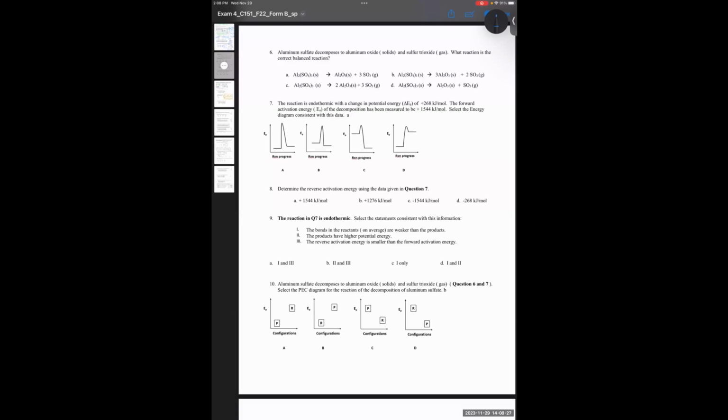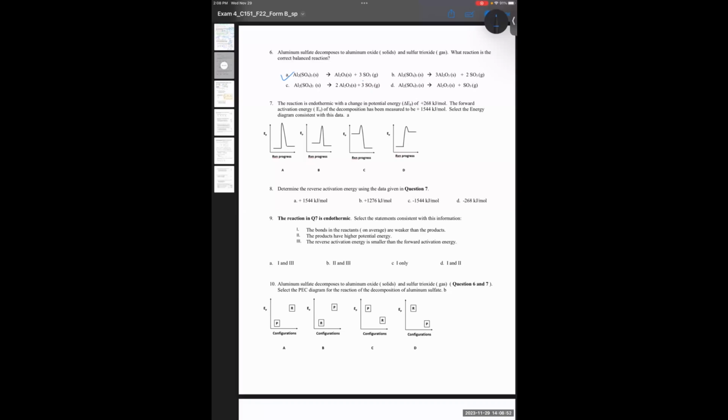If you look at option A, aluminum, we have 2 on the reactant side, 2 on the product side, that is balanced. Sulfur, we have 3 and 3 on the product side as well. So sulfur is balanced as well. And oxygen, we have 12 and we have 12. So that seems really good.